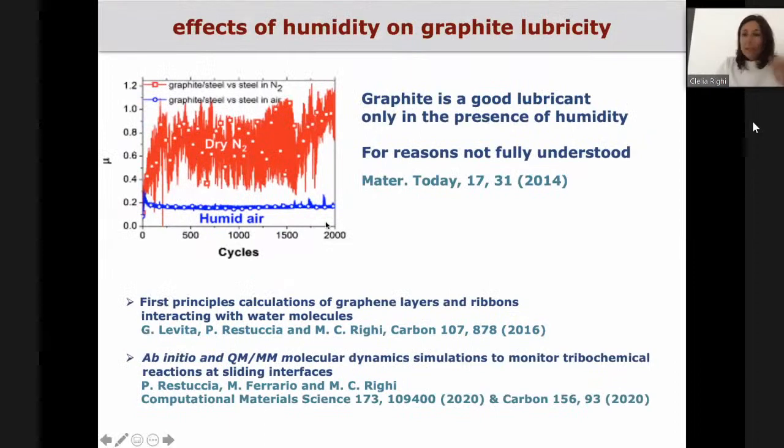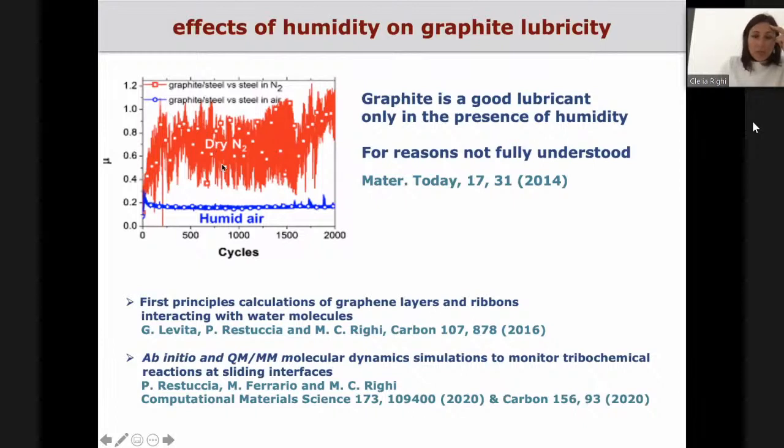Another material whose lubricating properties are deeply affected by humidity is graphite. As you can see from the dramatic change of the friction coefficient of steel lubricated by graphite in dry and humid environments. And different hypotheses have been proposed to explain this phenomenon.